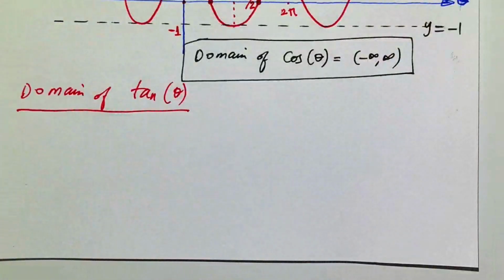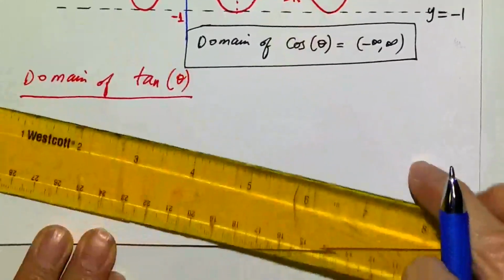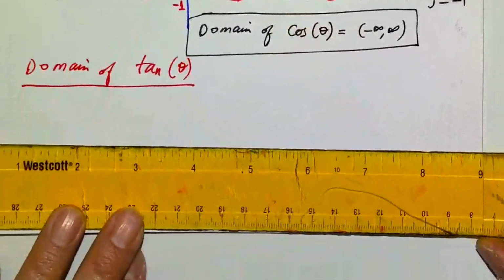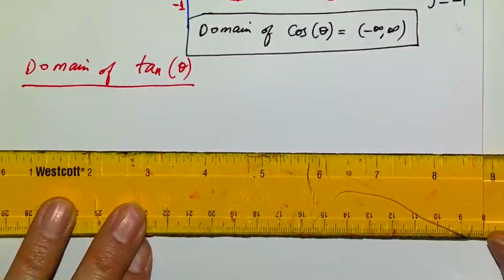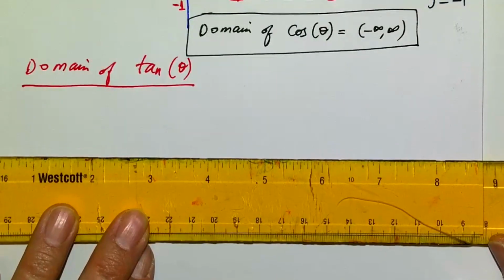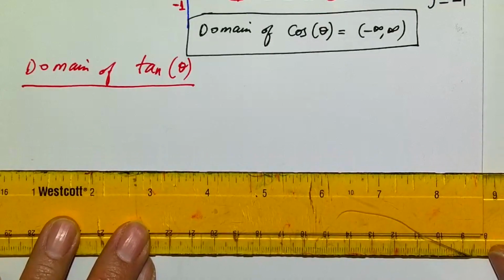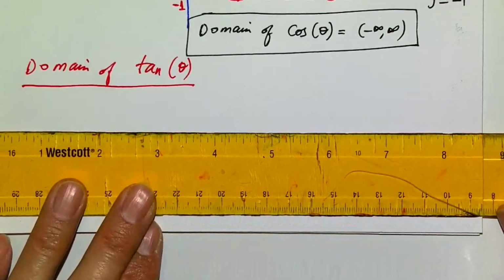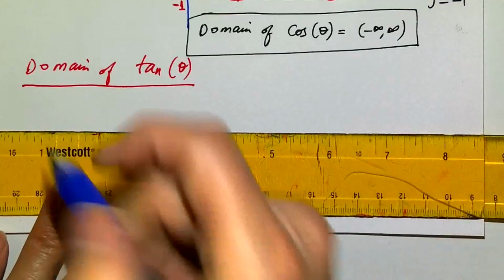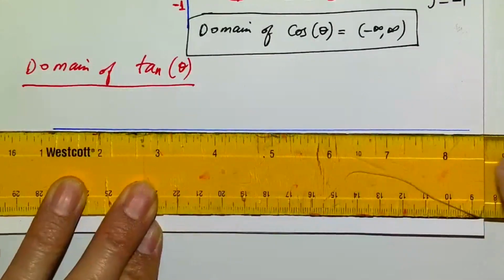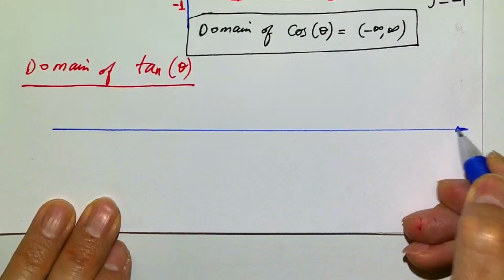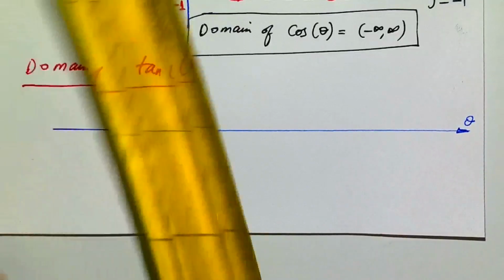Okay? So let me again draw this long theta axis here. So we have that. This is our theta axis.